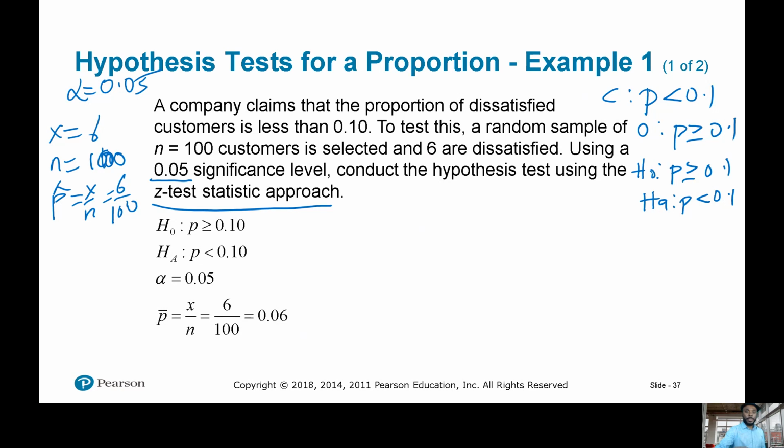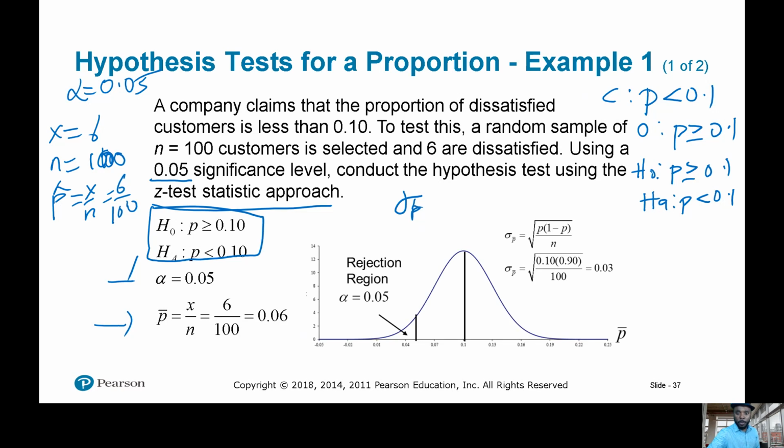All right, here are the steps. We have seen this. This is our hypothesis, and alpha is given. And now we computed our sample proportion. Now with these, we can go ahead to determine the standard error, sigma of p hat.